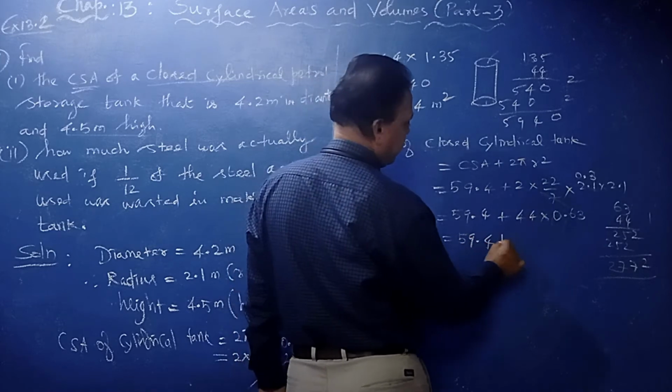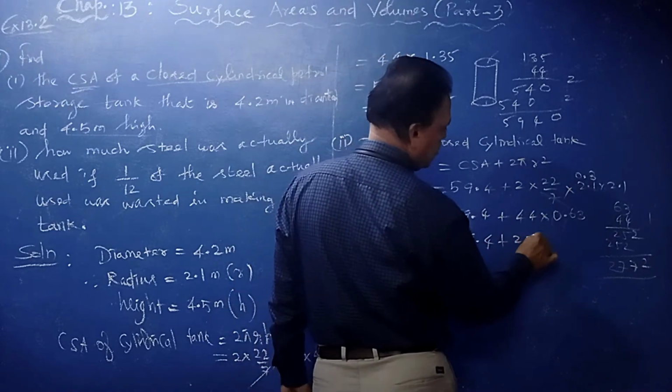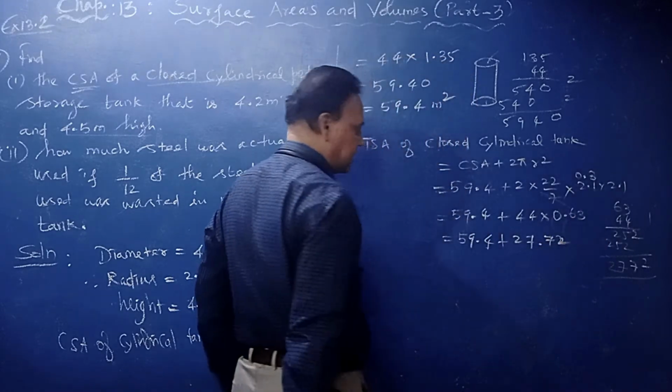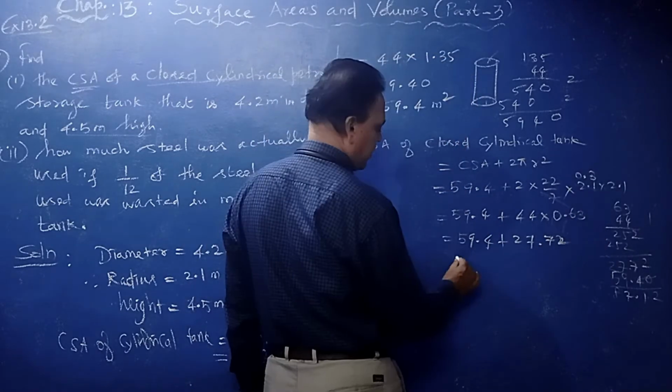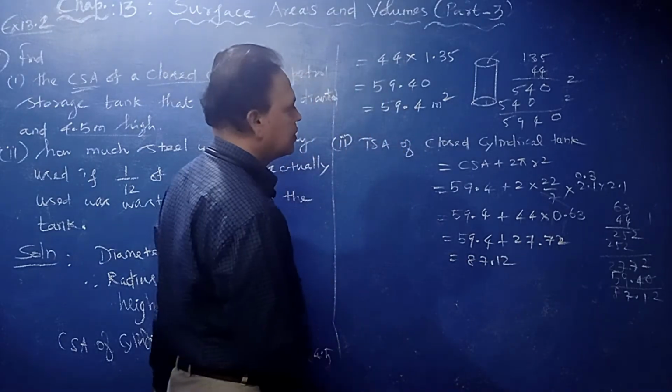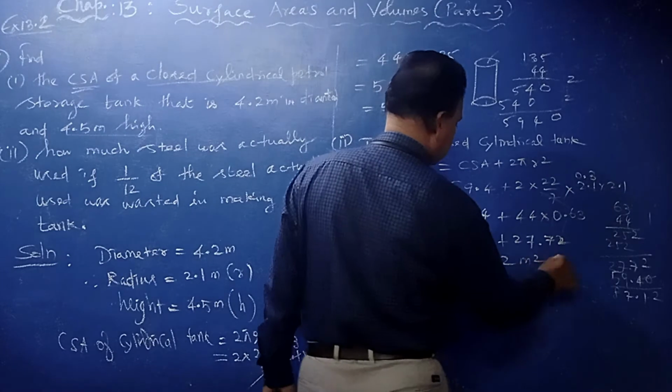So 59.4 plus 27.72, now just add it: 87.12 meter square. That is the total surface area.